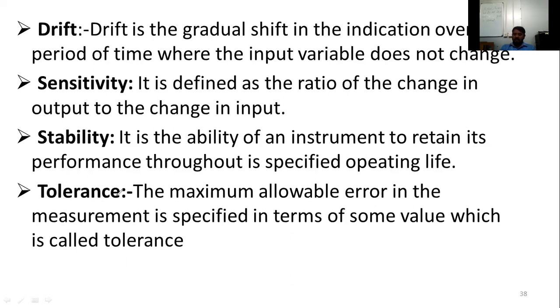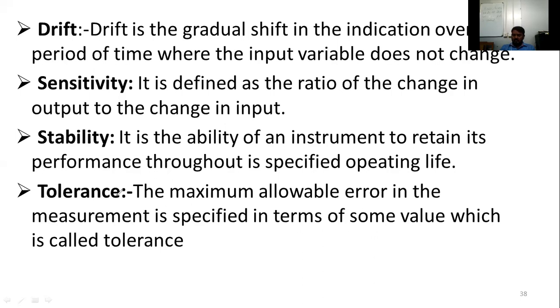100 minus 97, how much? 3%. And 103 minus 100 is 3. So plus or minus 3 error we are allowing. Plus or minus error is nothing but error only, no? We need 100, but it is showing 97%, so 3% error is there.